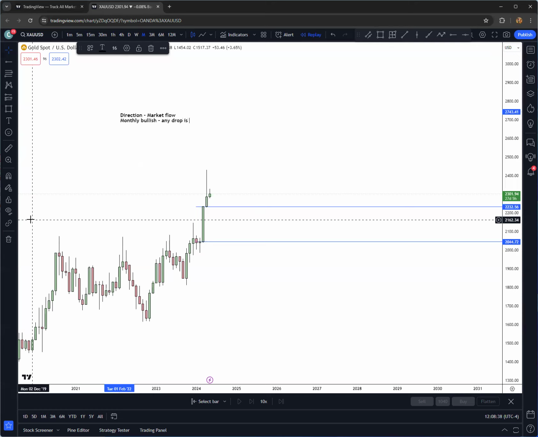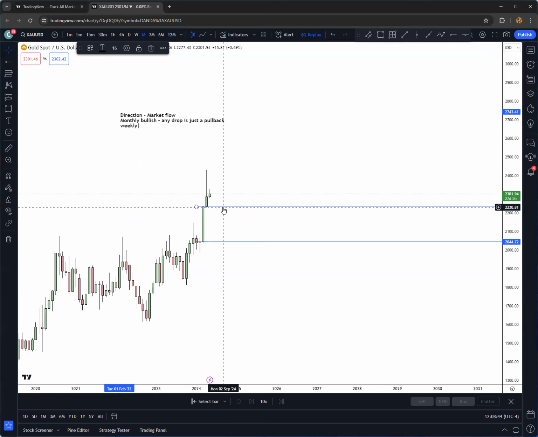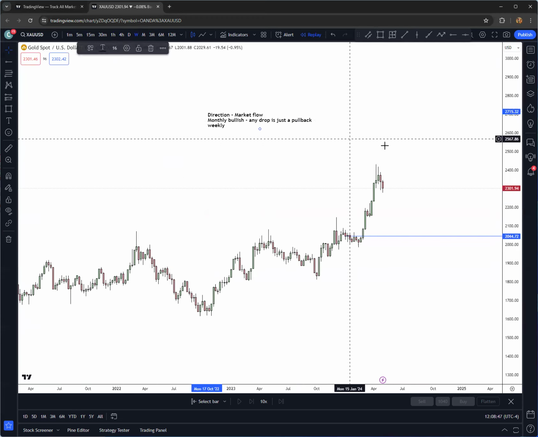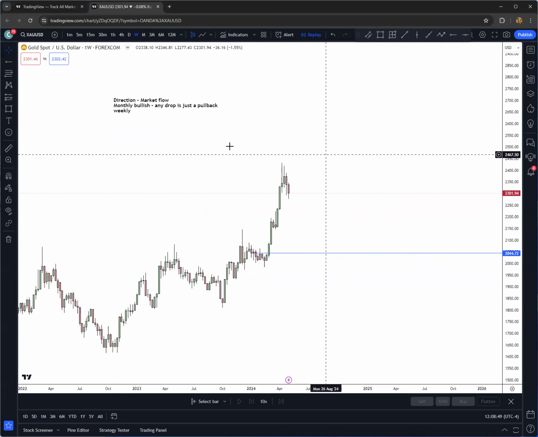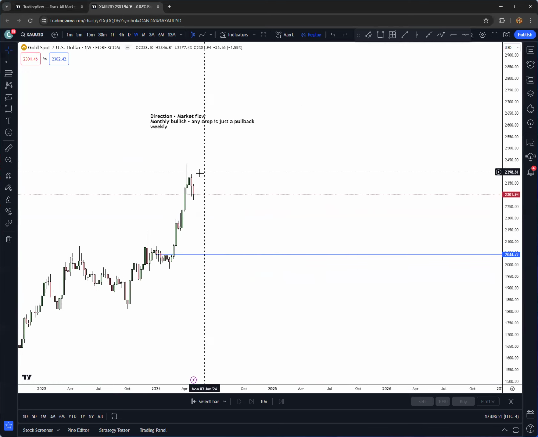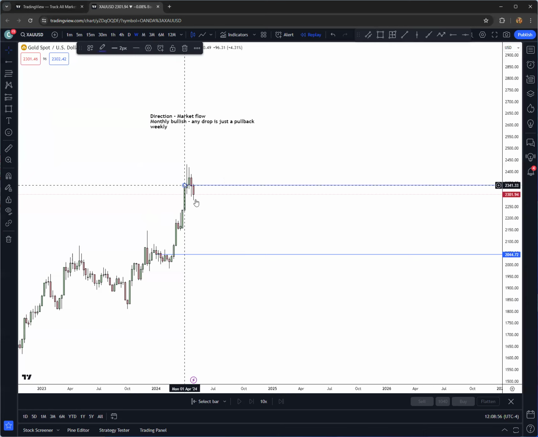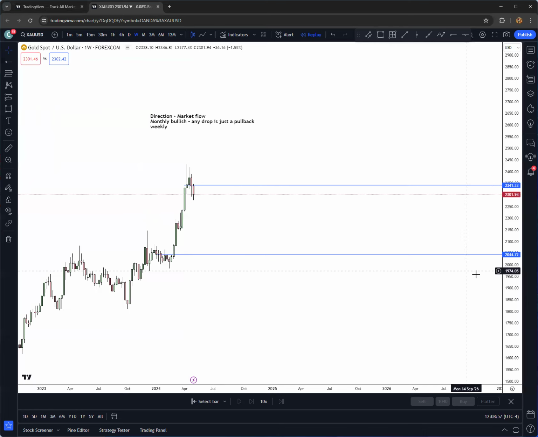Any drop is just a pullback. Weekly. What is weekly? Weekly is not bullish anymore because weekly broke and closed below the open of that candle.